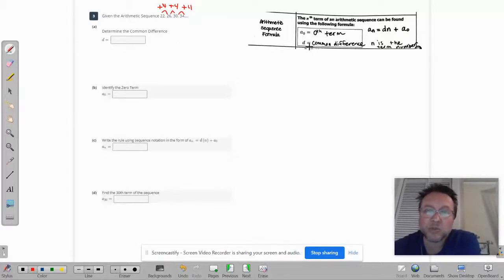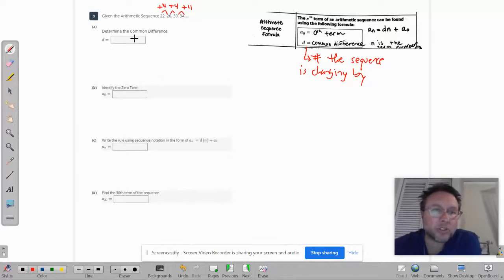The common difference just refers to what the sequence is changing by. So it's kind of the key to the pattern, right? It's going up 4 each time. So we say the common difference is 4.